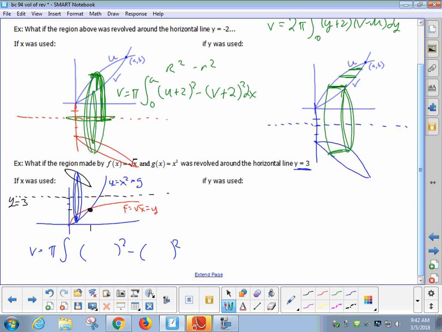Big R squared minus little r. So, big R, is that a vertical distance or a horizontal distance? Here's big R. Is that vertical or horizontal? Vertical. How do I enforce a positive vertical value? Upper minus lower. What's up? 3.